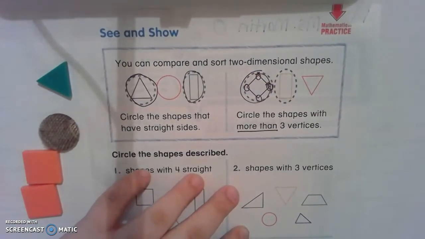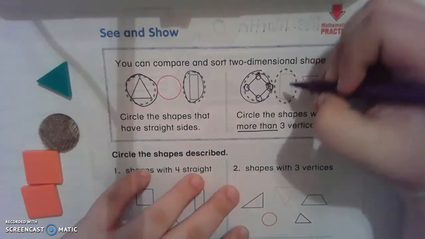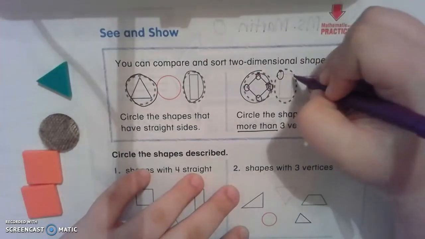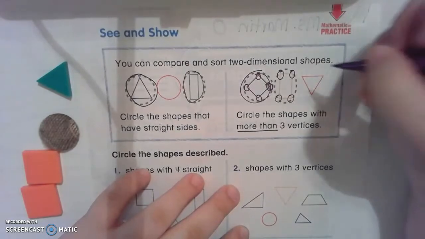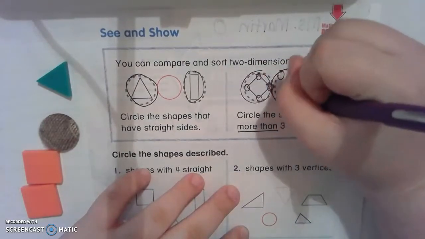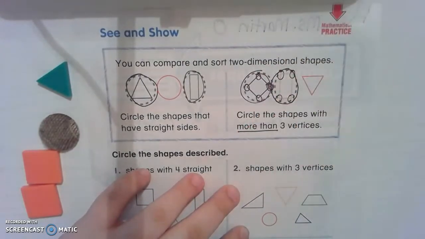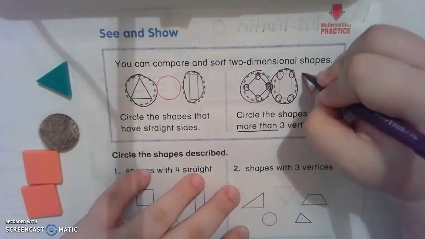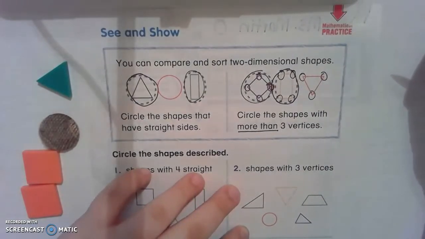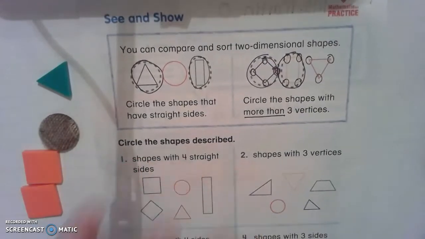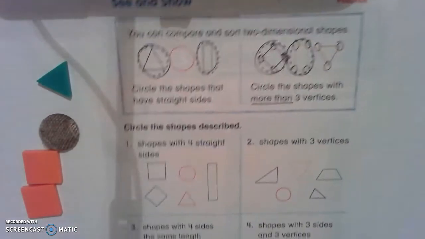Then we're going to circle how many vertices on my rectangle right here. 1, 2, 3, 4. That is 4, so we're going to circle that one. It's more than 3. Let's count on my triangle right here. 1, 2, 3. Is 3 more than 3? No, 3 is 3, so that one won't work.